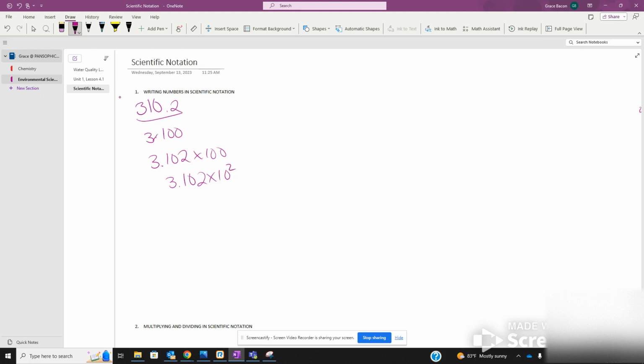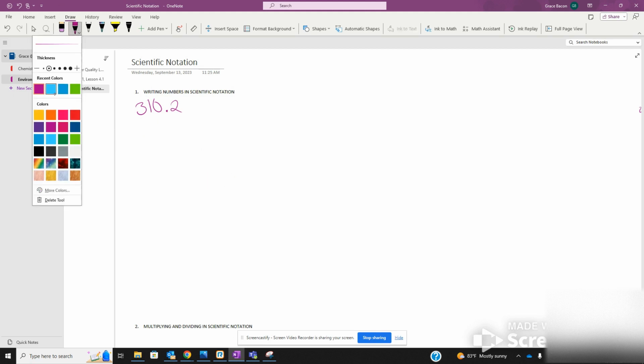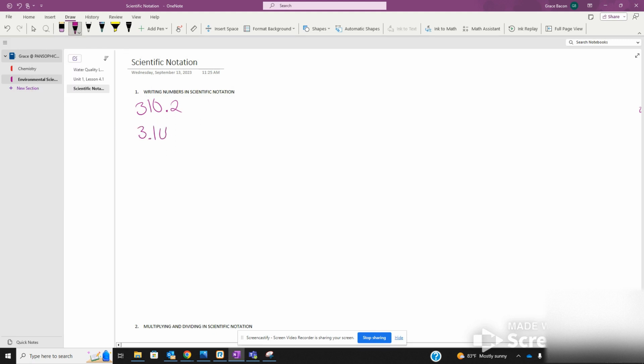So this is really the same as this number. And another way that I can get to something that looks like this is by counting where my decimal is and how far it needs to go. So I can look at this number and say, okay, well, if I want just one number in front of my decimal, I'm going to end up with 3.102.